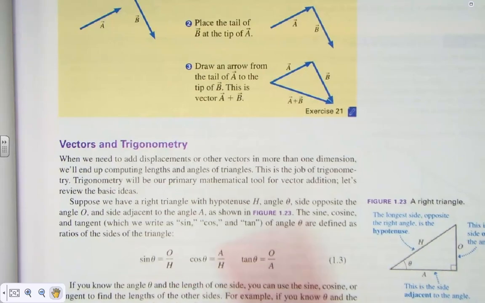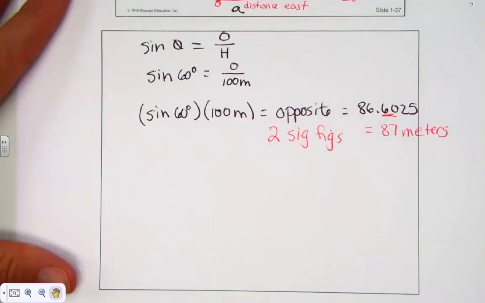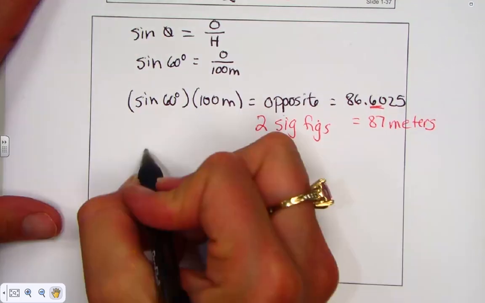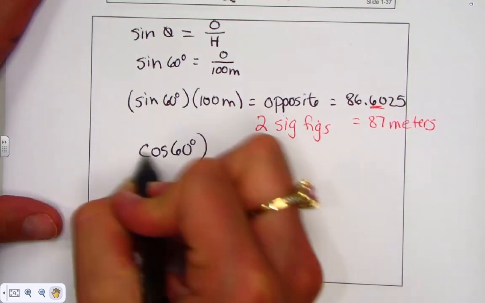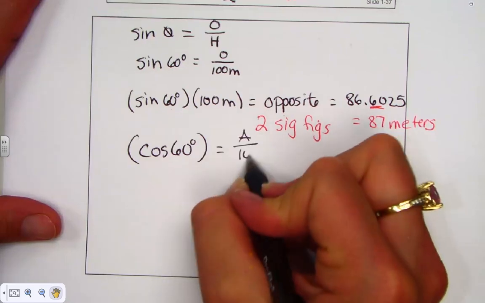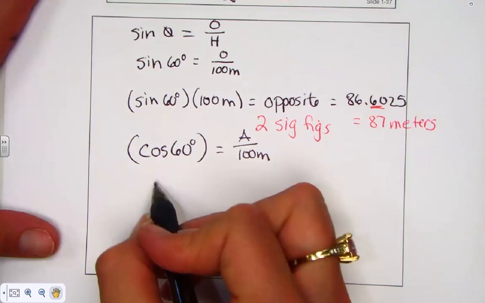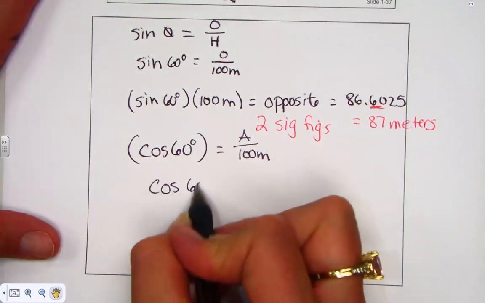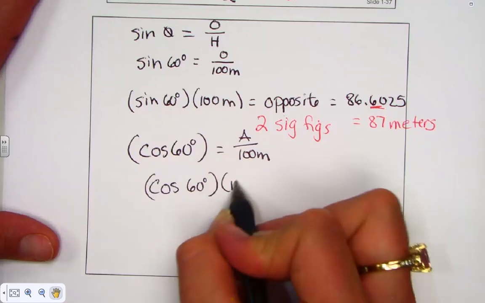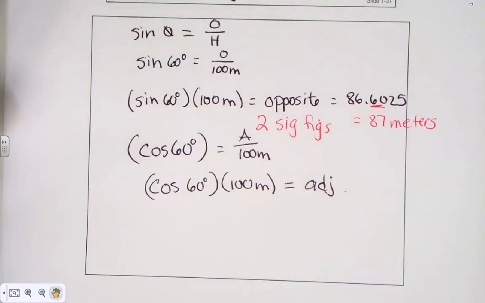Let's use the cosine and pull out the adjacent side. Cosine 60 is equal to adjacent over hypotenuse. Cosine 60 times 100 meters gives us our adjacent side.